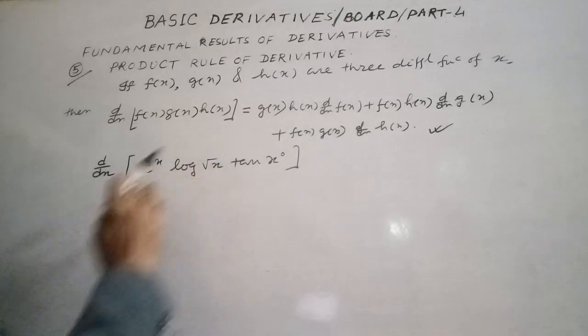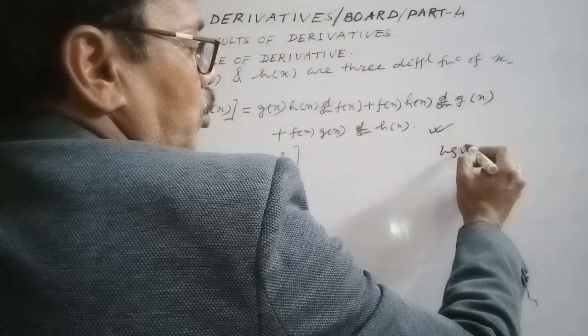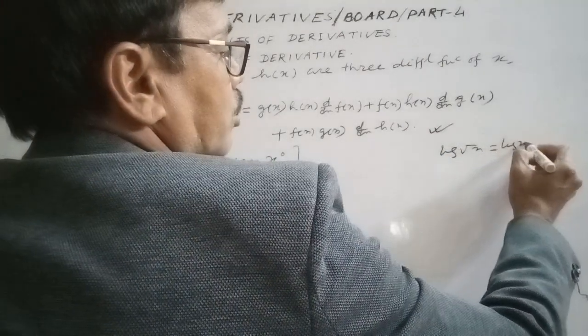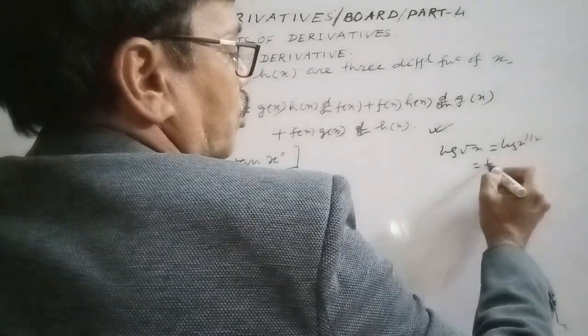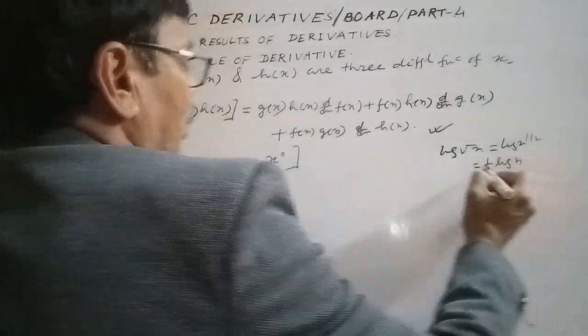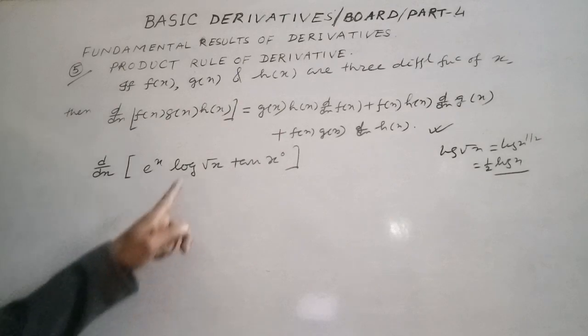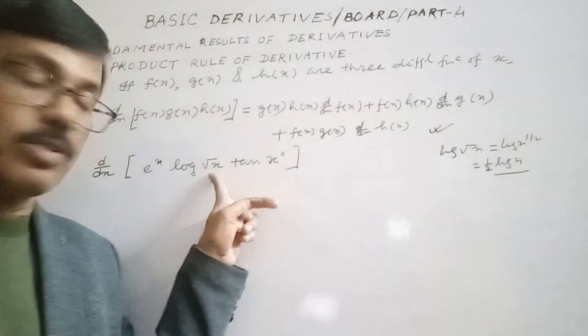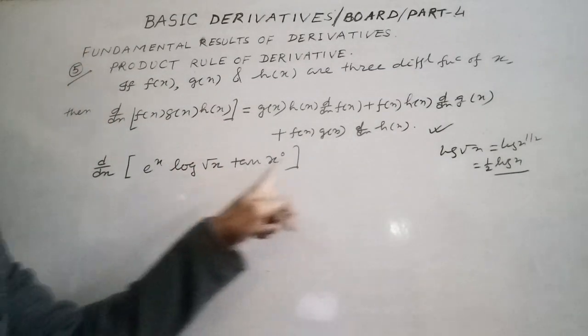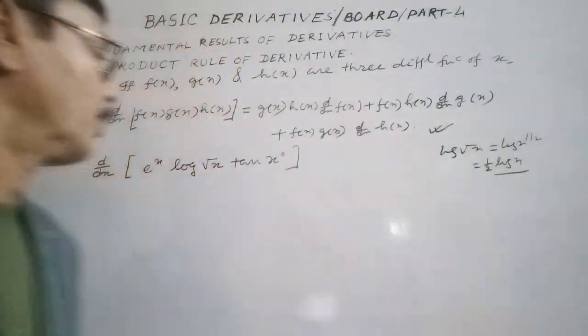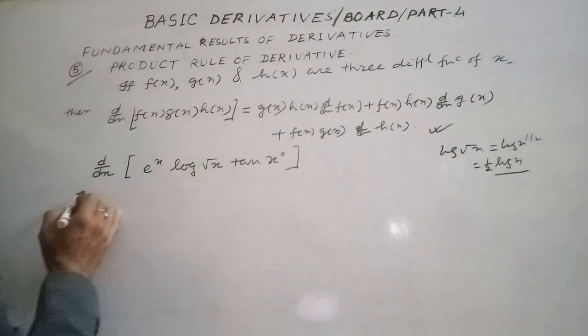But you can simplify it. Log root x equals to log x to the power half equals to half log x. So log root x, this is not linear, but we can simplify it using property of log. So what is the simplified form?